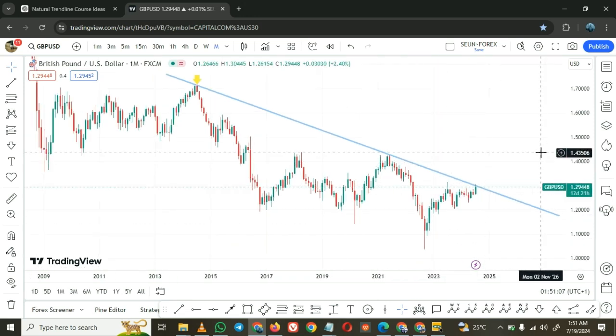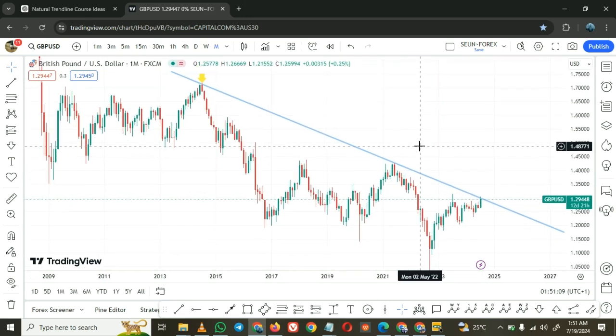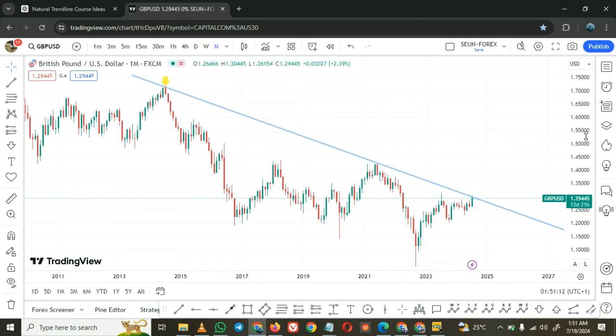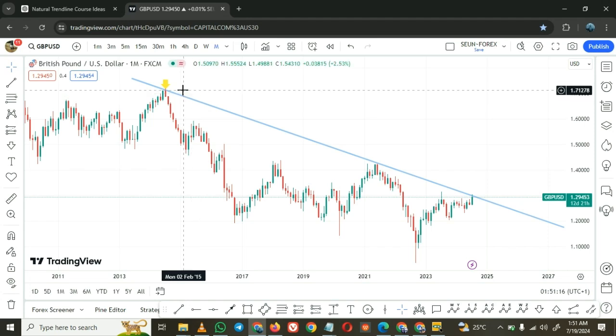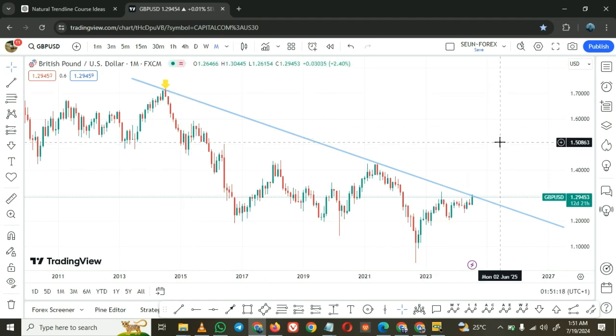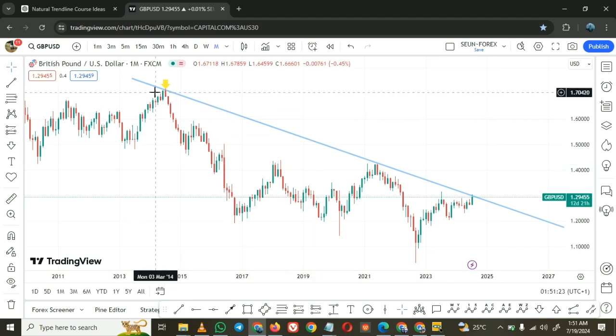Which means the market has been selling. GBP USD has been selling since 2015 with perfect higher high, higher low.